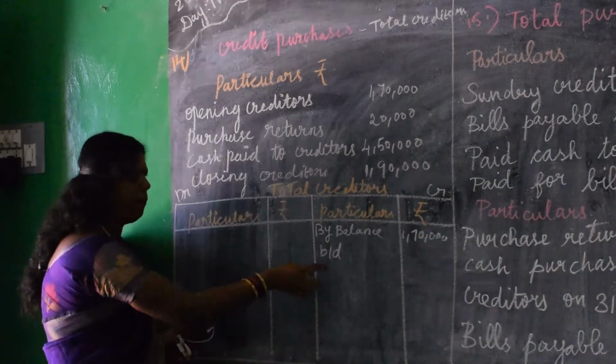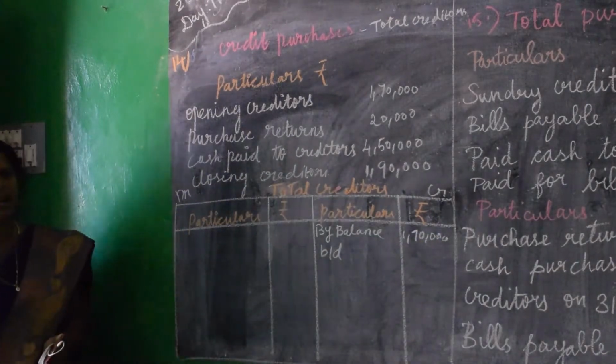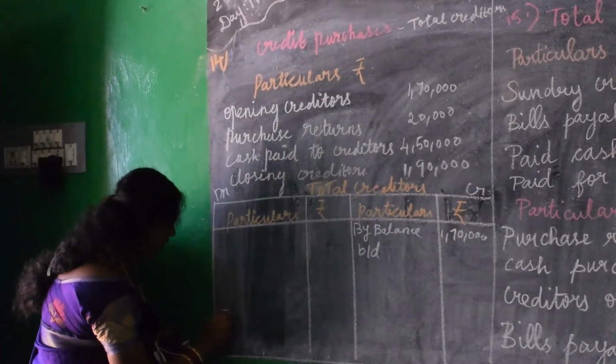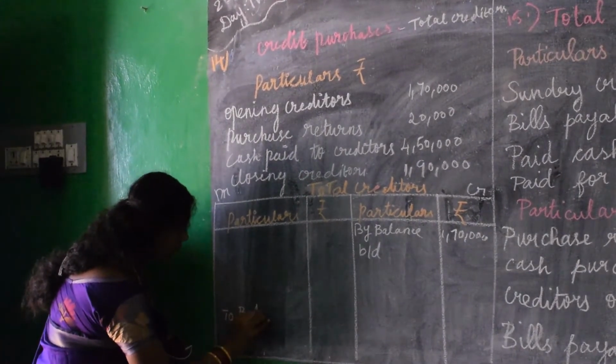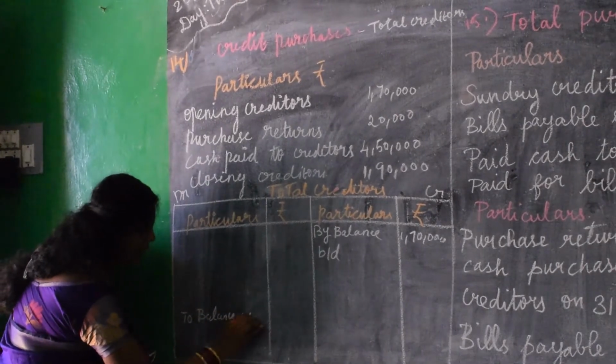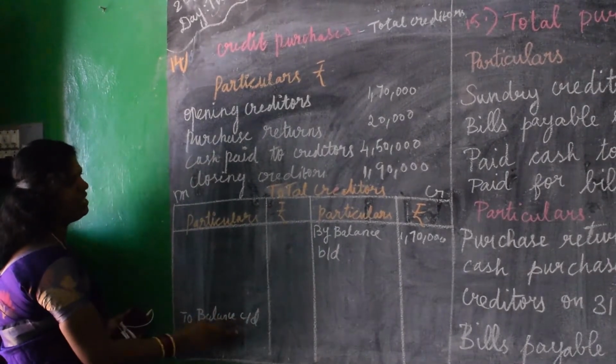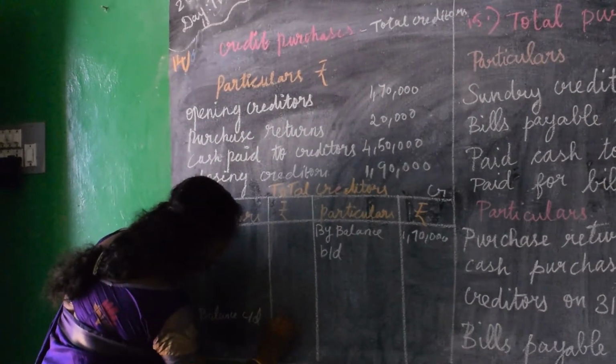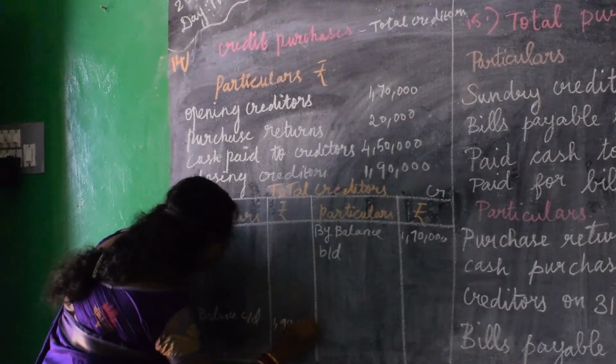If you write opening balances, where will you write the closing balance? Yes, have you guessed? Here you have to write to balance C by D. C by D indicates the closing value. Closing creditors is 1,90,000.